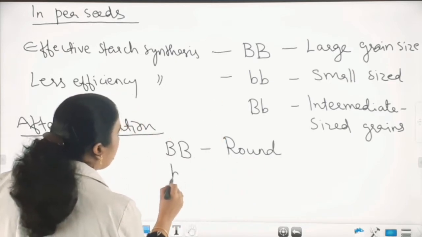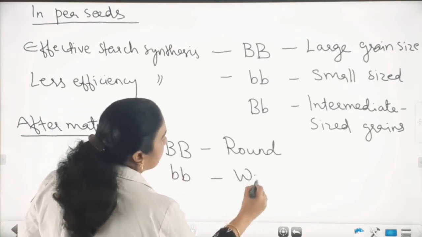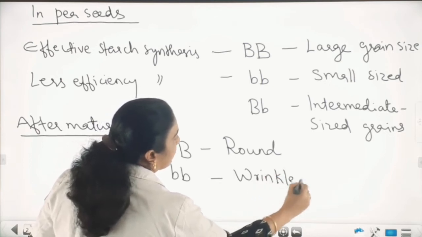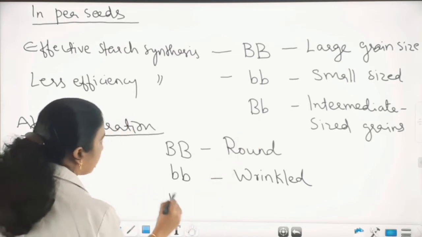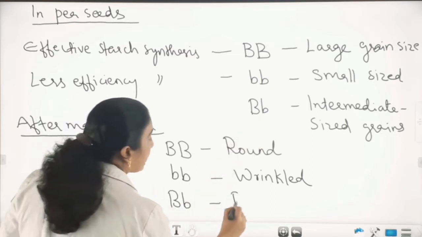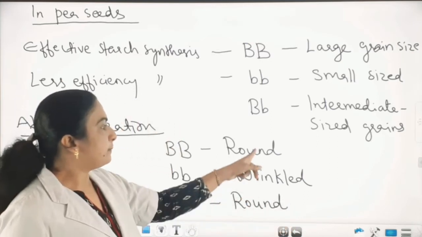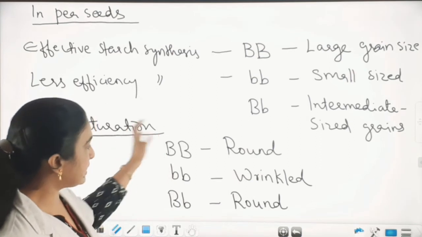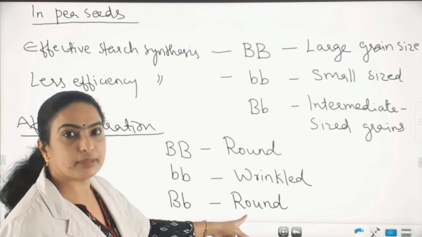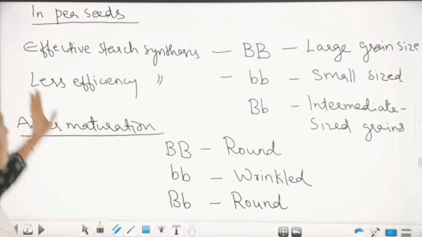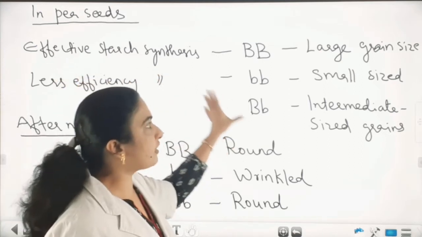And the small b gene shows a wrinkled shape. And this heterozygote shows a round shape. That means they resemble one of the parents. That is, here we can see this is the dominant character.